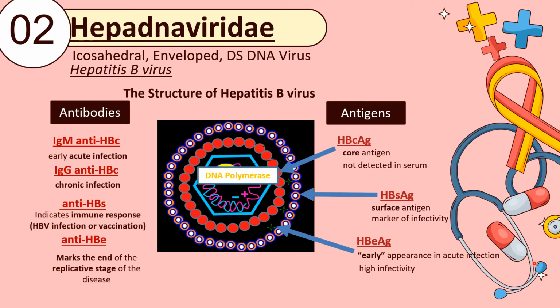So now, your anti-HBc IgM appears early on acute infection. Remember that IgM is a type of immunoglobulin that appears in early or acute infection. On the other hand, your IgG appears in chronic or past infection. Next is your anti-HBs.